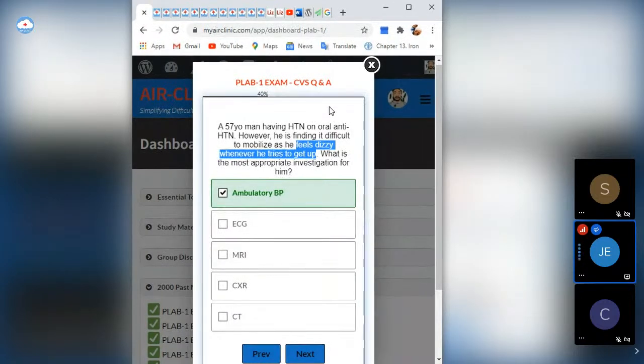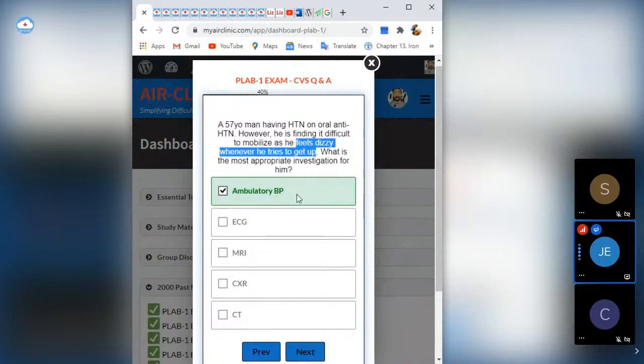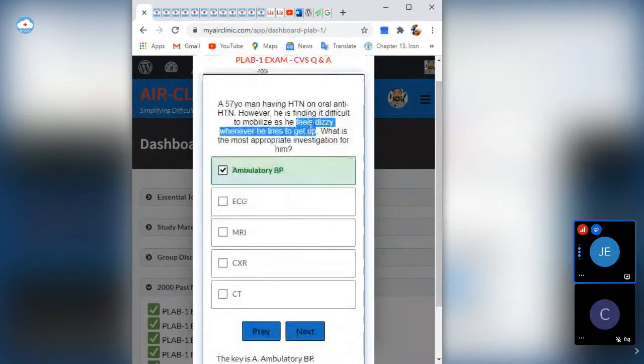In fact, postural hypotension has a definition: a drop in blood pressure by more than or equal to 20 millimeters of mercury systolic or 10 millimeters of mercury diastolic on change of position from supine to erect. That's how you define postural hypotension. So doing your ambulatory blood pressure monitoring will help more than even your ECG at this point, because the symptom is what directs you to what you're going to do next. So move.